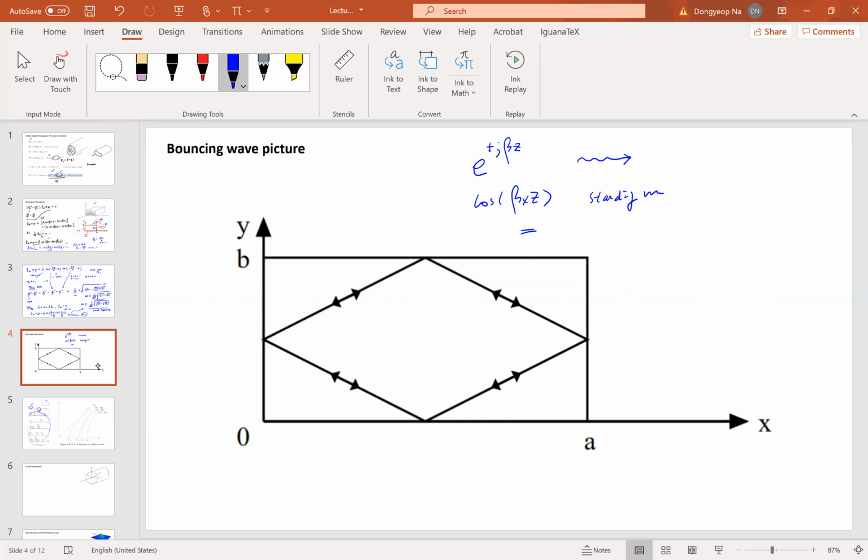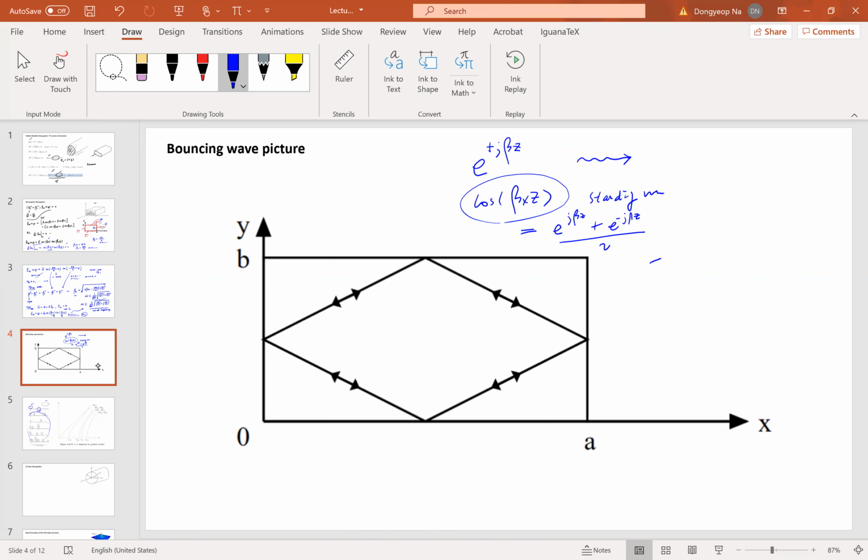Mathematically, by the Euler formula, it is a superposition of two propagating waves, which means that two propagating modes result in this standing wave.